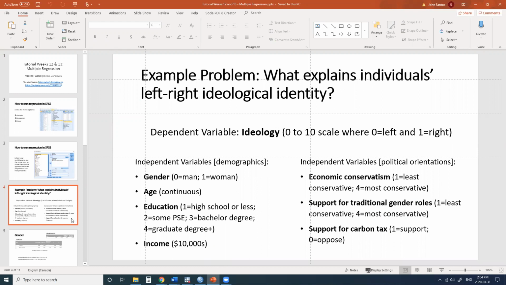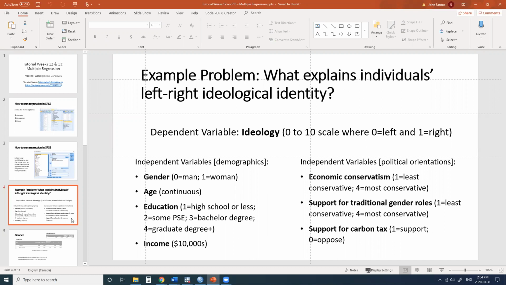So the idea is that voters, individuals, citizens, often think of themselves, we think of politics in left-right terms, right being associated with conservatism, left being associated with progressivism or liberalism or socialism, choose which term you want there, but the opposite of conservatism.